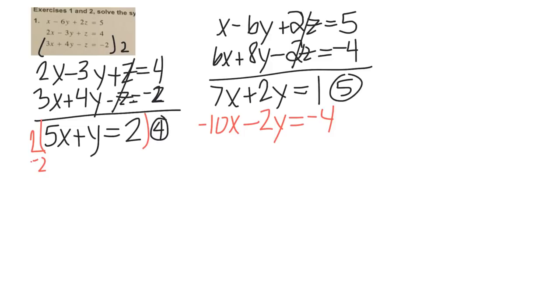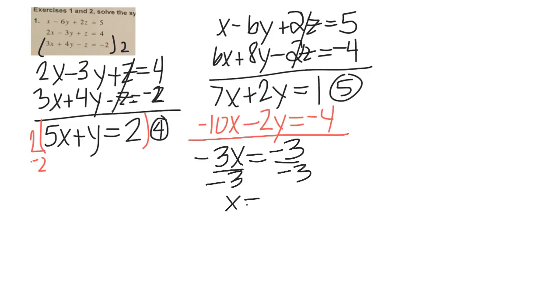I'm going to add those together. We get negative 3x equals negative 3. Divide by the negative 3, and x equals 1. So I know x, I want to go back to either equation 4 or 5 and plug it in and find y.